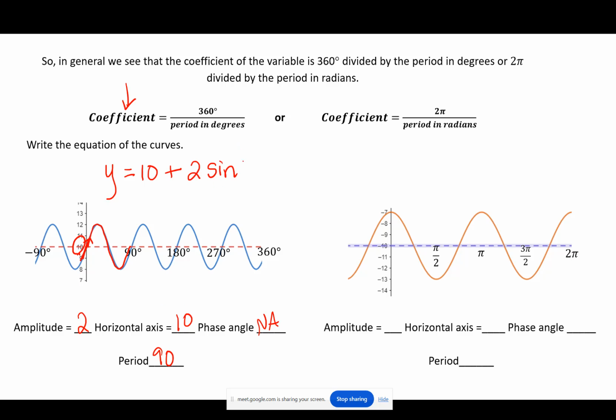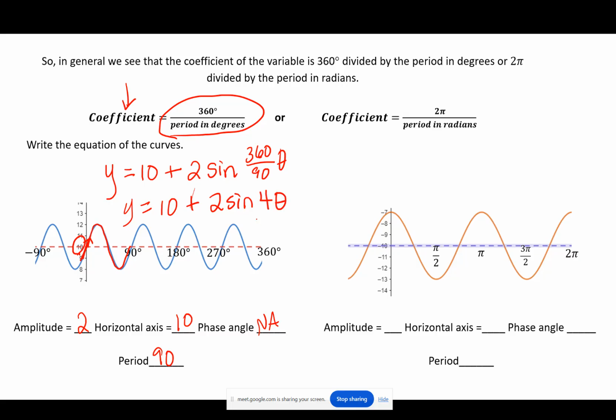But I need to put a coefficient on theta to tell me that the period is 90. And to do that, I just need to know this. 360 over the period is that coefficient. So 360 over 90 times theta is what I'm going to have here. So y equals 10 plus 2 sine 4 theta.